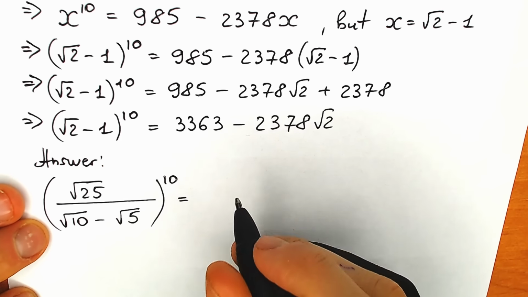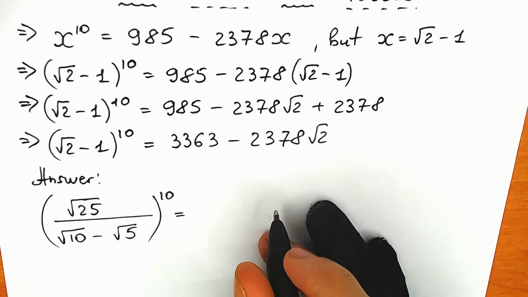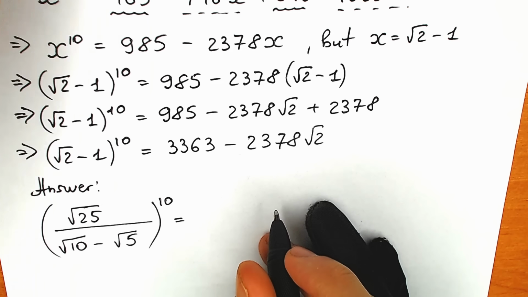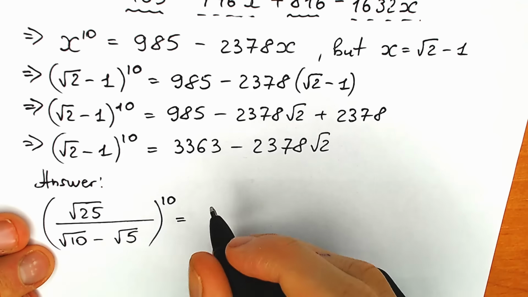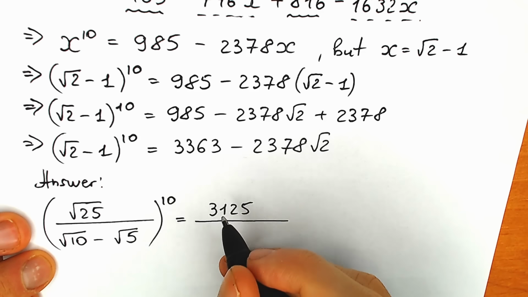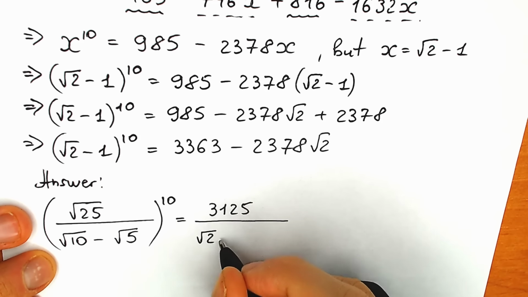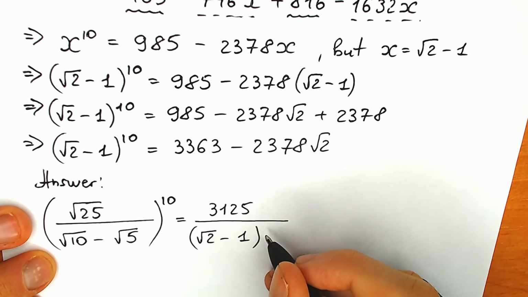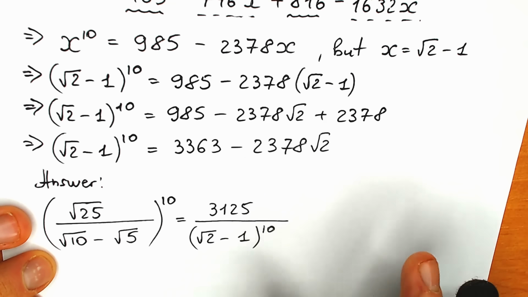And we had in the middle of our solution that this is equal to 3125 over square root of 2 minus 1 to the power 10. So we had it in the very beginning of a solution.